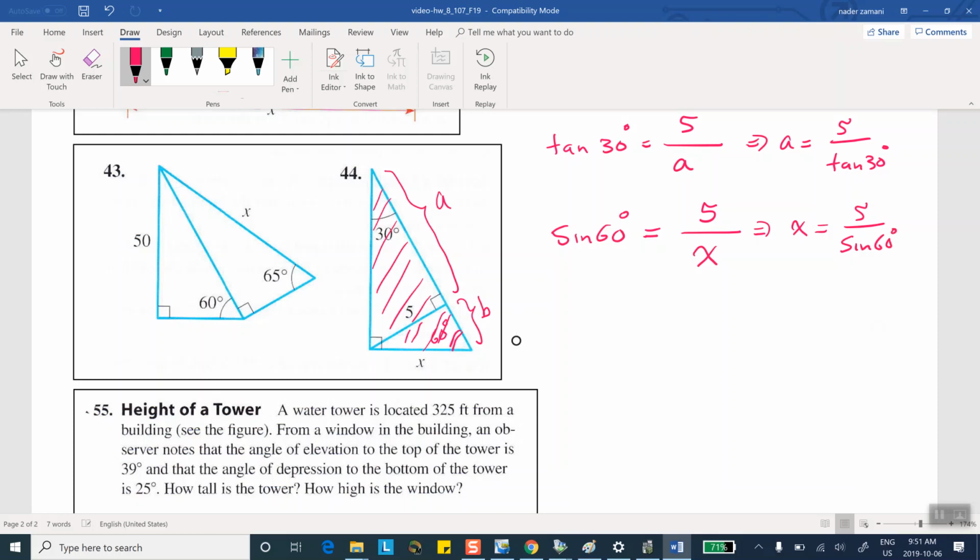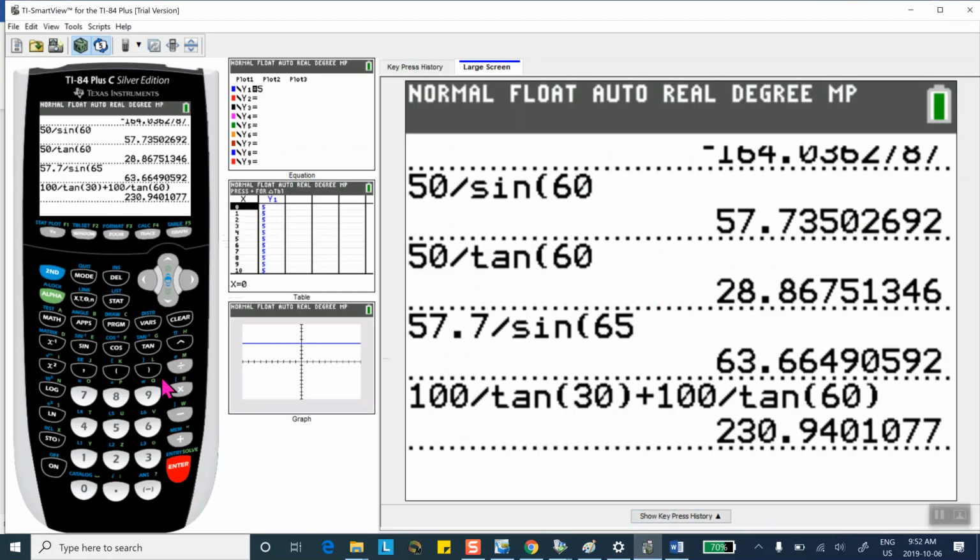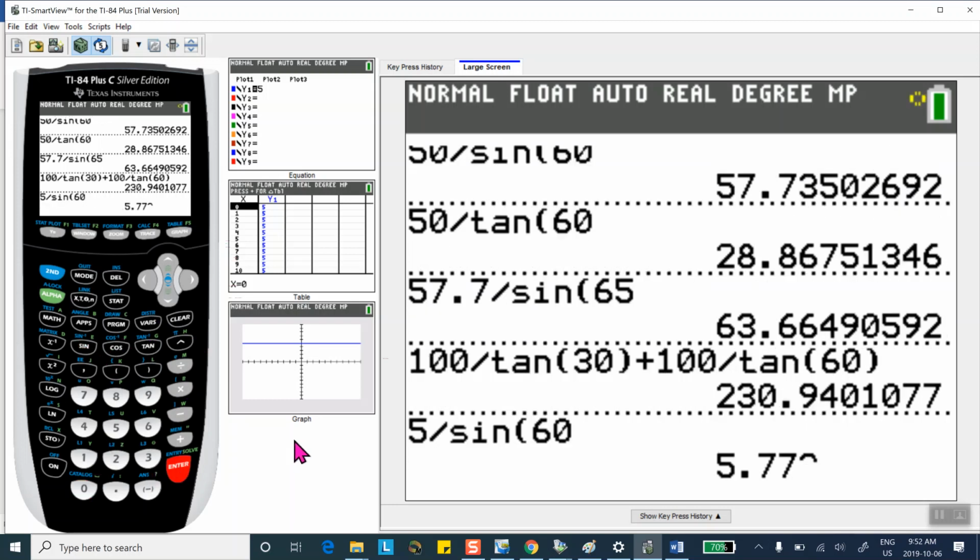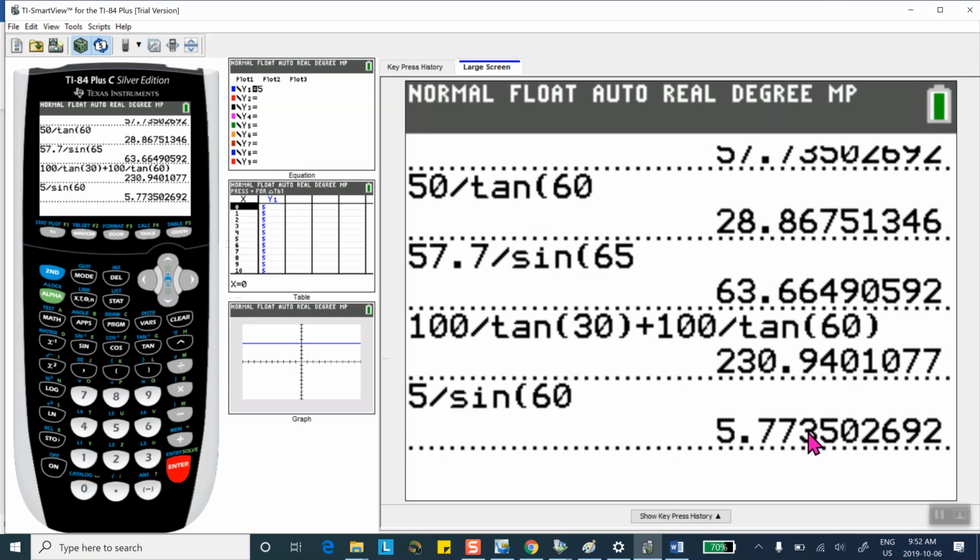Okay, and again, we're going to put that in our calculator. Let's find out what x is. This is approximately 5 divided by sine of 60 degrees, and you're going to get 5.7.